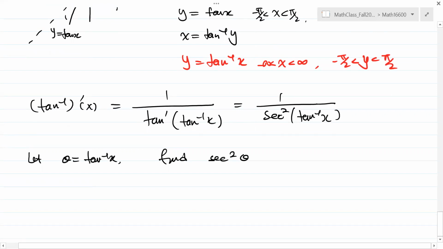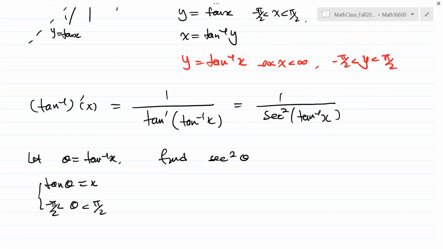That means two things. One, tangent theta equals x. Second, theta is not arbitrary. Theta is between negative pi over 2 and positive pi over 2. So we want to find the secant theta. If you know tangent theta, can you find secant theta? Yes, there's a very simple formula.